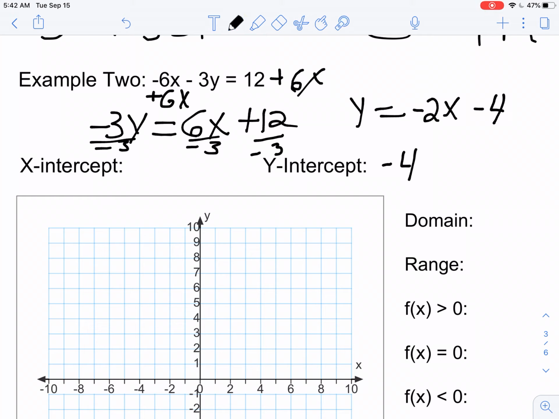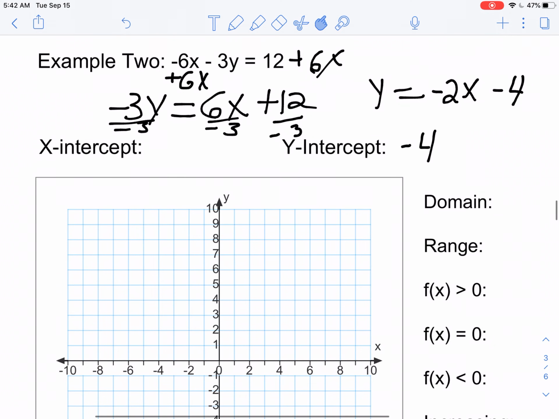What we just talked about, if we wanted to find the x-intercept, we know that the x-intercept is going to be somewhere on this line, and we know that on the x-axis, our y is always 0. So if we wanted to find the x-intercept, all we'd have to do is plug in 0 for y to find it. So we'd get 0 equals negative 2x minus 4.